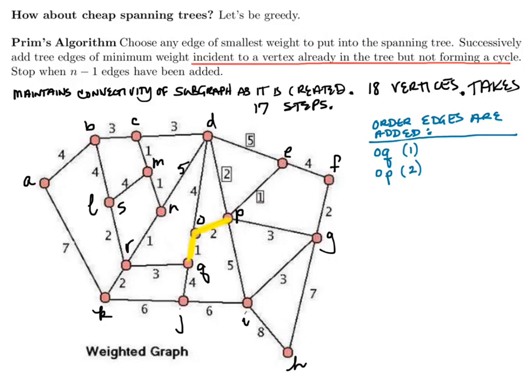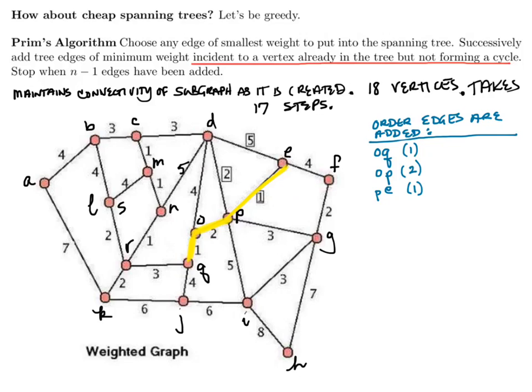Okay, now we have to consider all the edges incident to the yellow edges, so the vertices O, P, and Q. We have a weight 2, a weight 1. Obviously a weight 1 is something we can add, so let's go ahead and just add that. We can't get any better than 1, so let's add PE of weight 1.